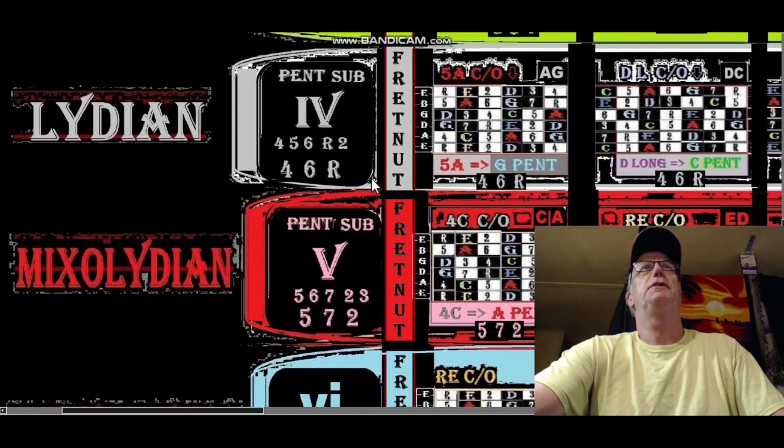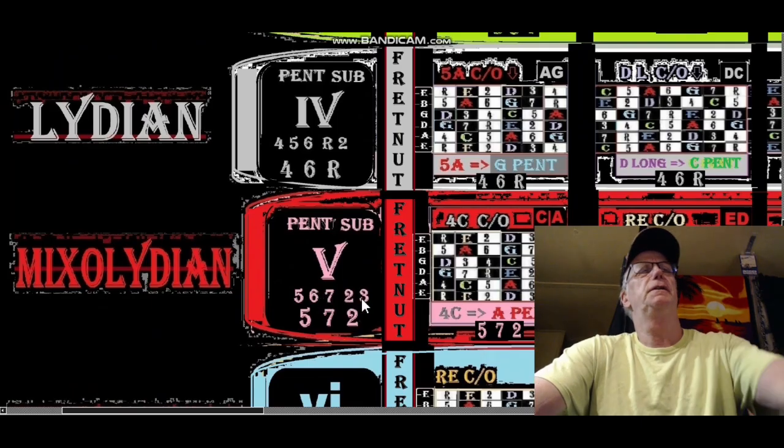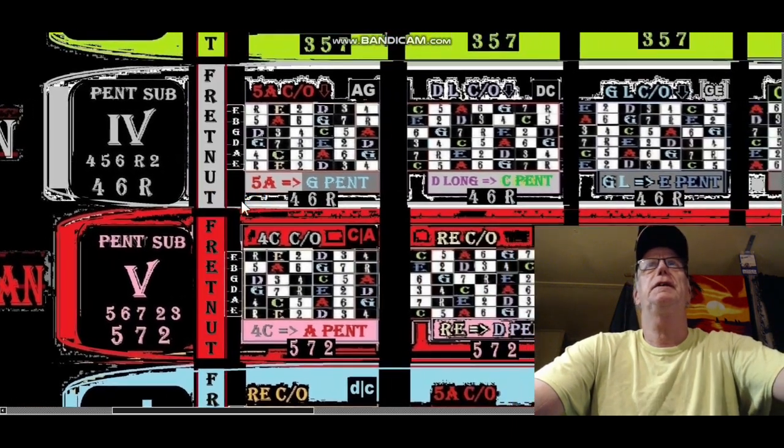Okay, so this is going to be the Lydian and the Mixolydian. Fifth, 5, 6, 7, 2, 3. 4, 5, 6, root 2 for the fourth pentatonic. And of course the original pentatonic C, D, E, G, A. They're all in the key of C.